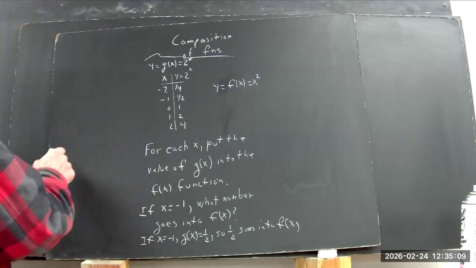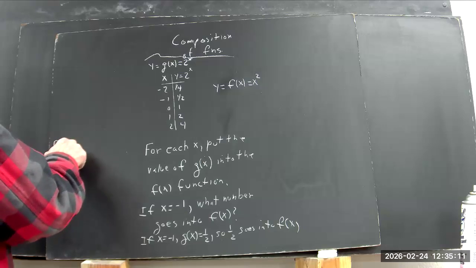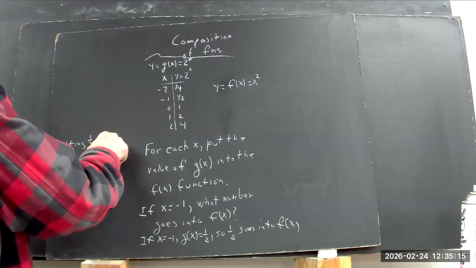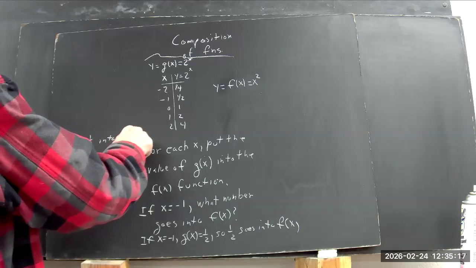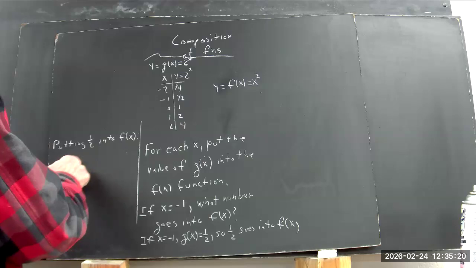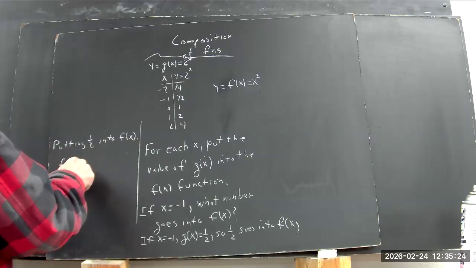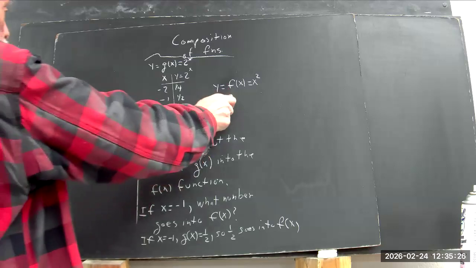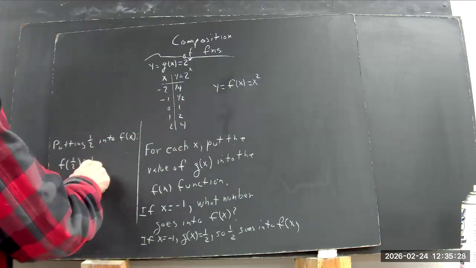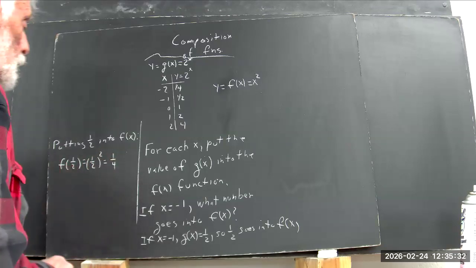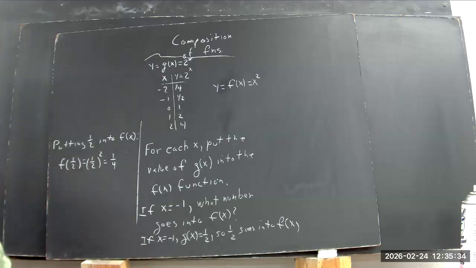So f of 1/2: since f of x equals x squared, f of 1/2 is 1/2 squared, which is 1/4.